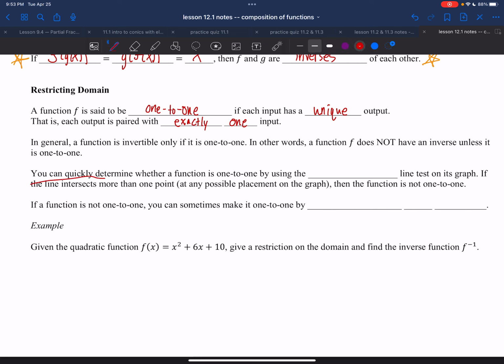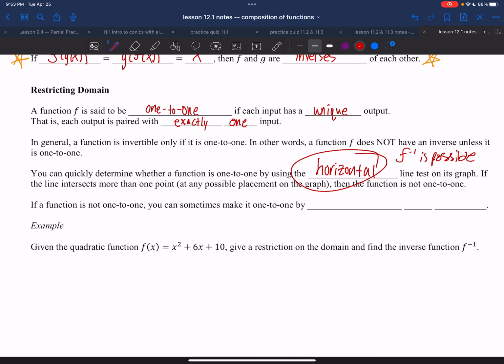Well, you can quickly determine whether a function is 1-to-1 by using what's known as the horizontal line test. What is that? It's the same thing as the vertical line test, but for horizontal. And rather than telling you whether f is a function, the horizontal line test tells you if f inverse is possible.